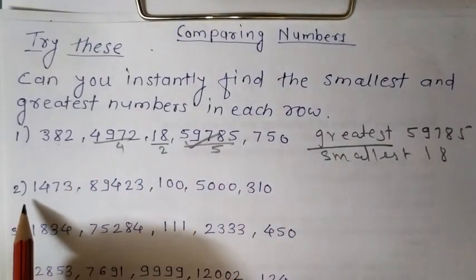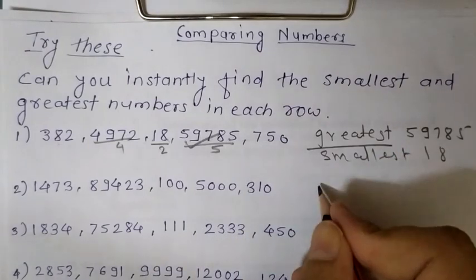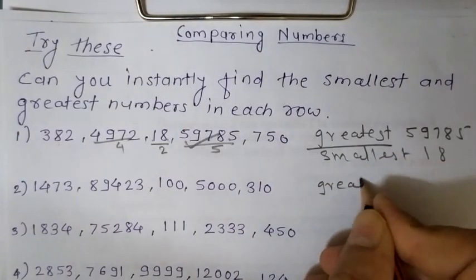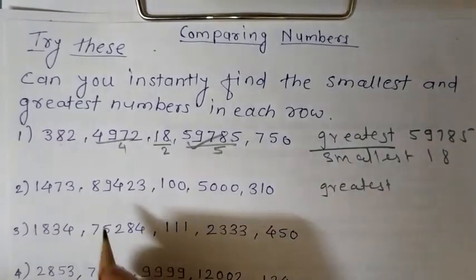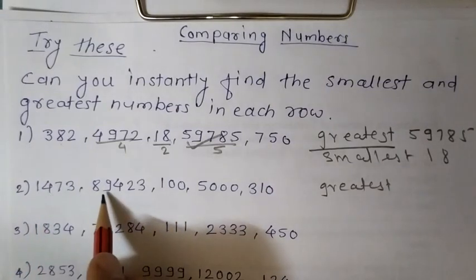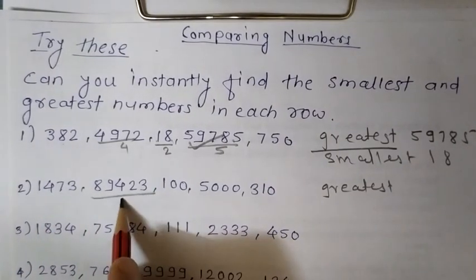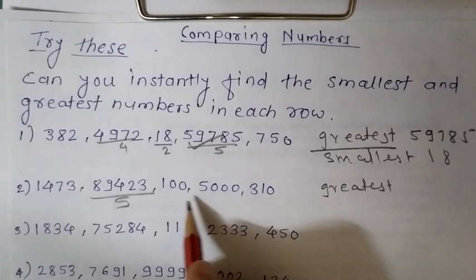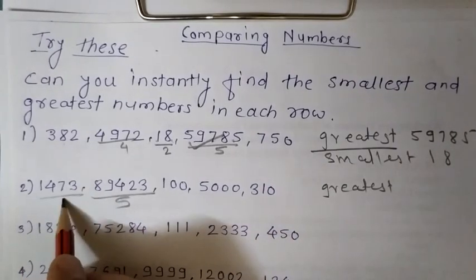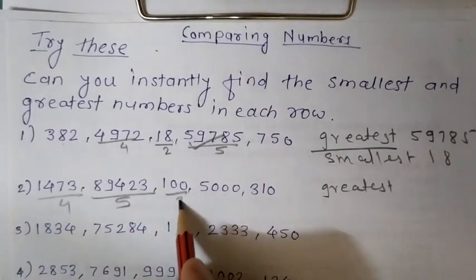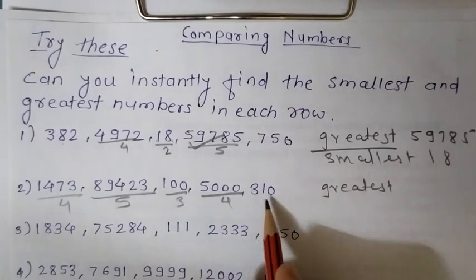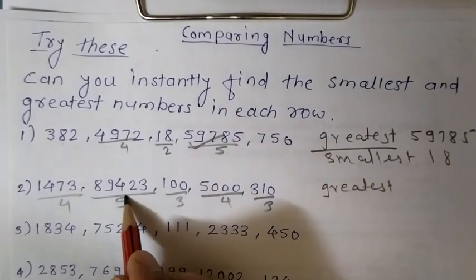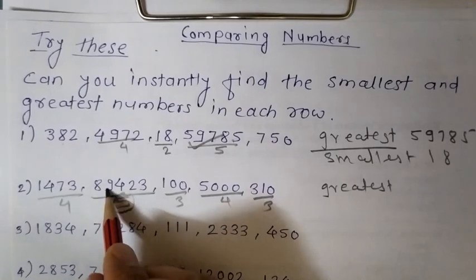Now we move on to the second one, and here we will again find out the greatest number. So here we have 5 digits, and here we have 4. So here 3 digits, 4 and 3. So in this number we have total 5 digits.